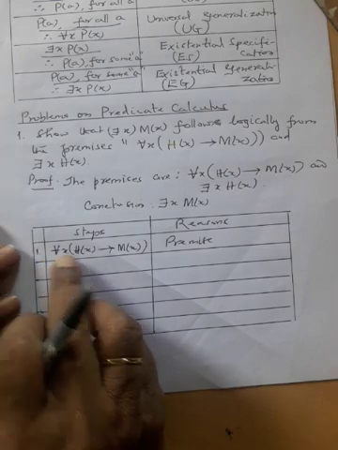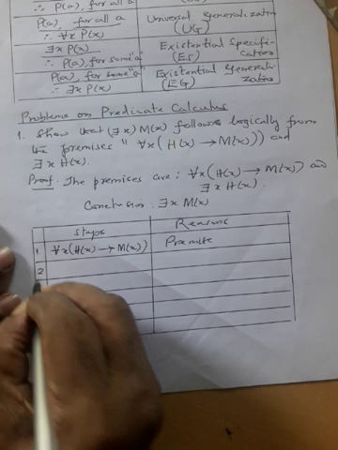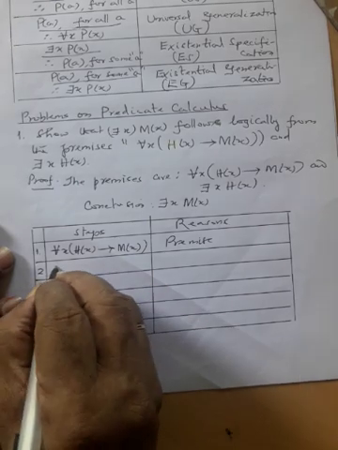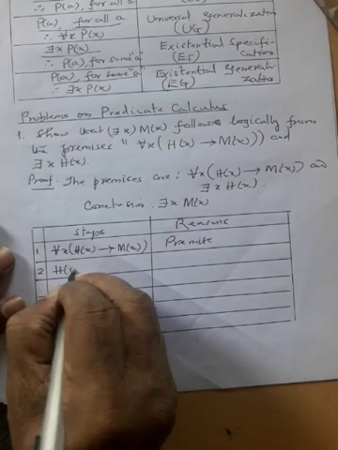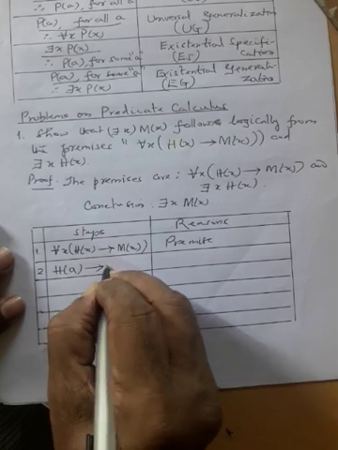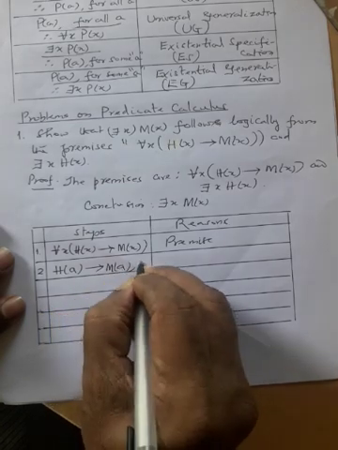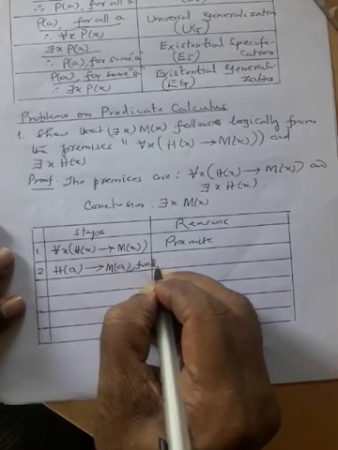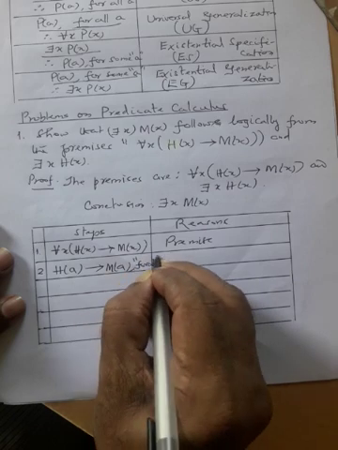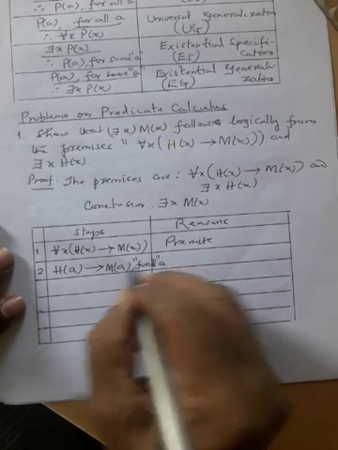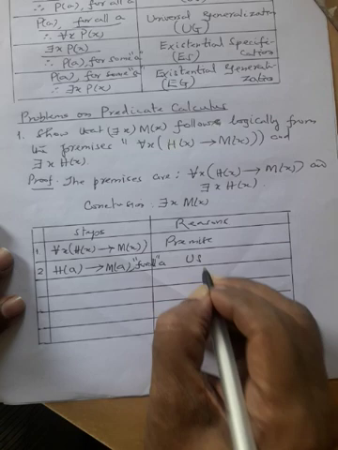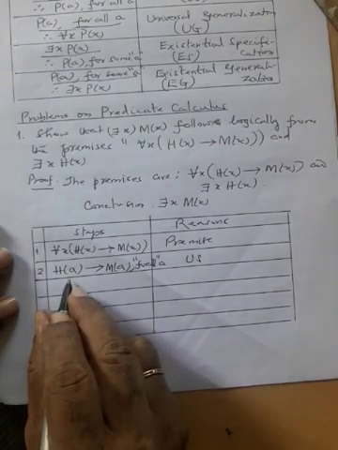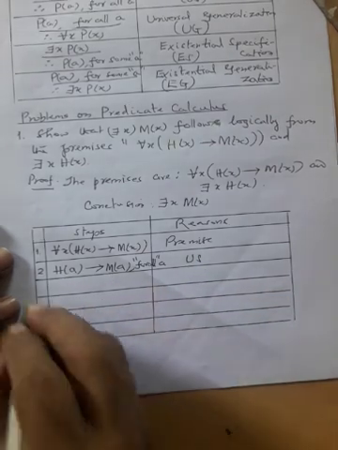So we can go to specification, namely if H of a, then M of a, for all a. This is called universal specification.